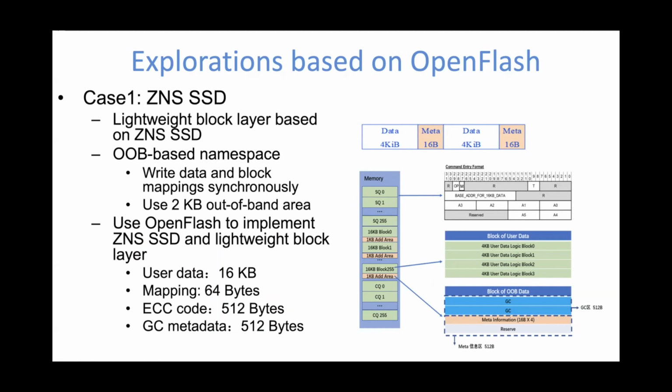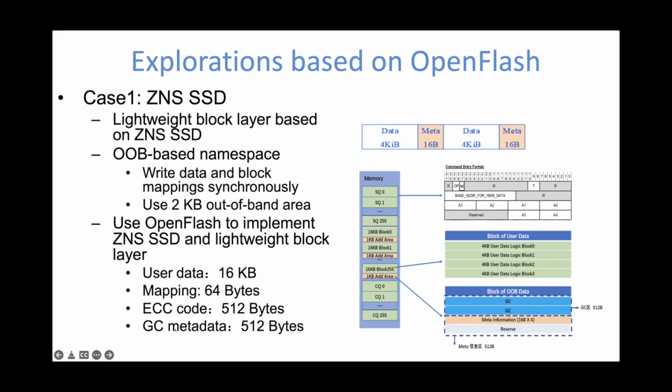The block layer writes user data and the block mapping in an atomic way into a page. The out-of-band area of each page is used to store mappings between the logical blocks and the zone offsets. In addition, we also use the OOB area to store ECC code and the GC metadata.